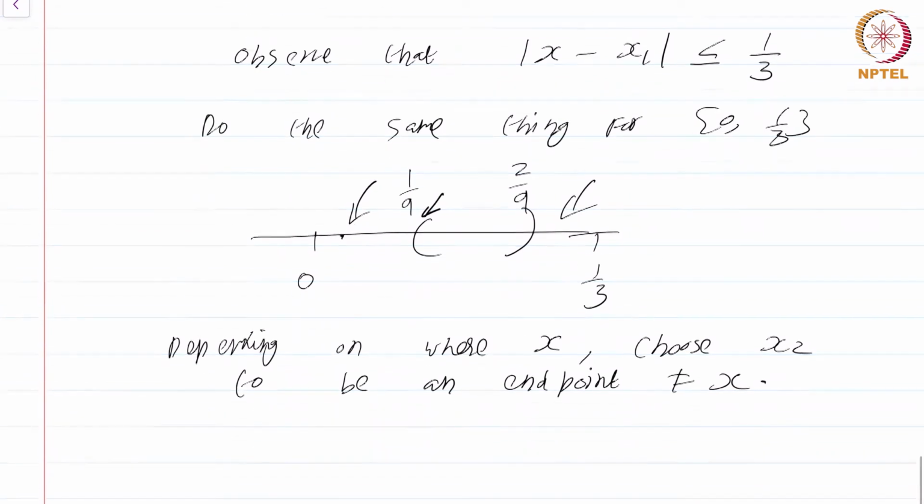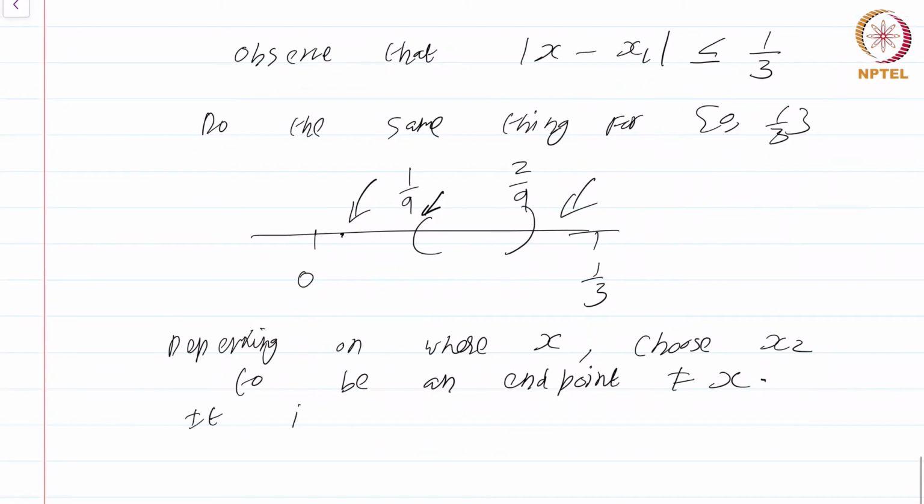Okay. It is clear that mod x minus x2 is less than or equal to 1 by 9.